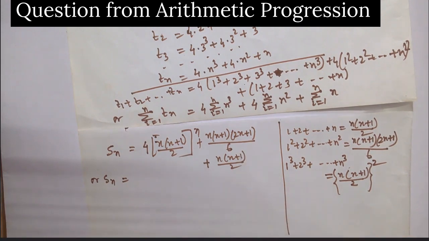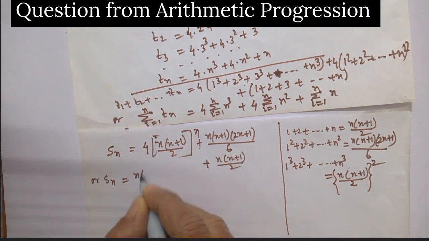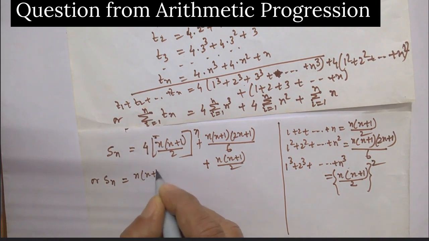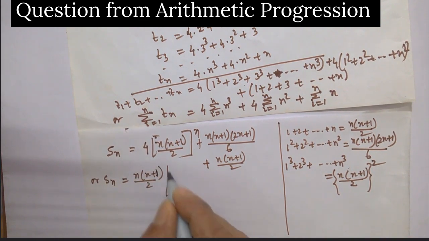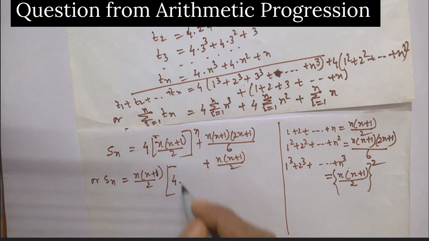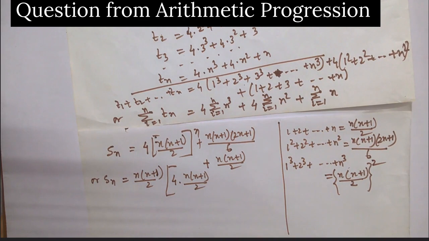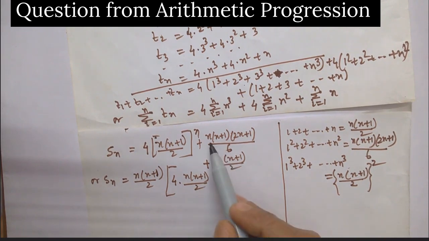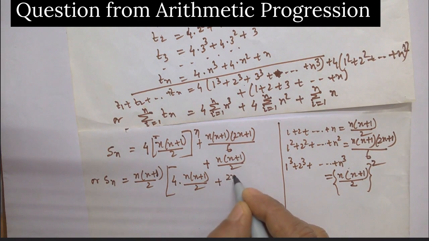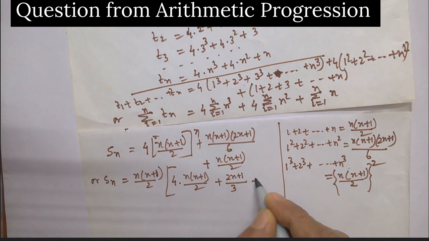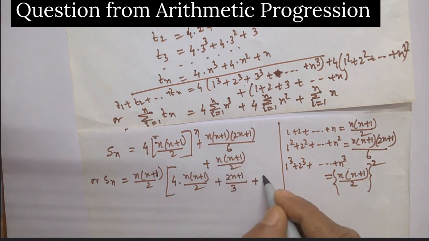So first taking it common, n into (n plus 1) by 2, what is remaining? Here 4 remaining, and 1 is taken out common, the other one remaining. What is remaining here? 1 by 2 is taken out common, 6 can be written as 2 into 3. Therefore the numerator remaining is 2n plus 1, and in the denominator 3. These whole things taken out common, plus 1.